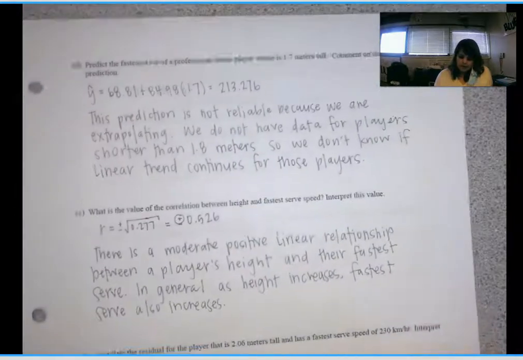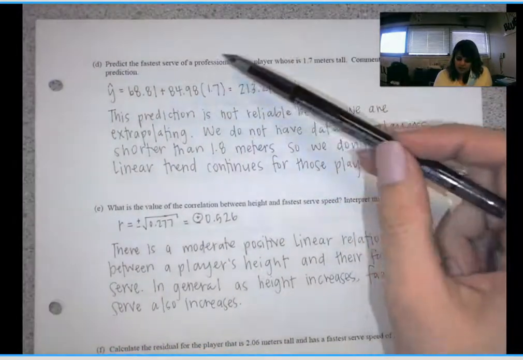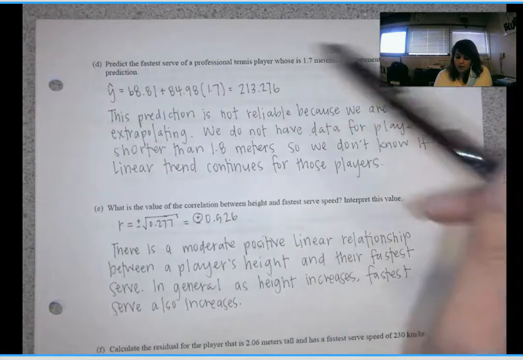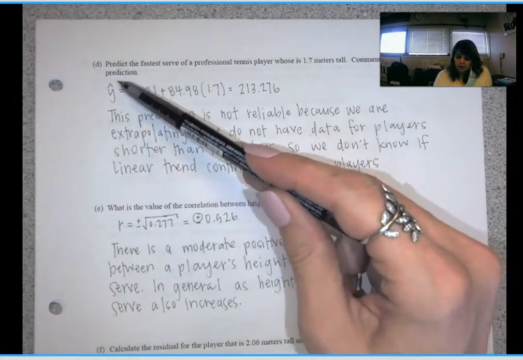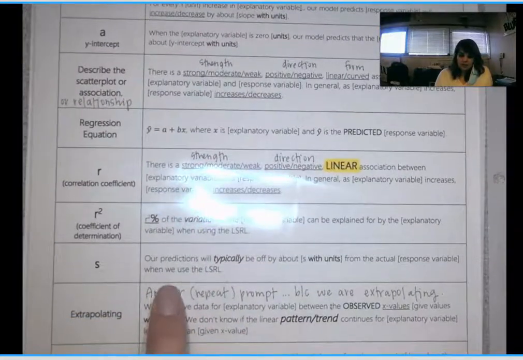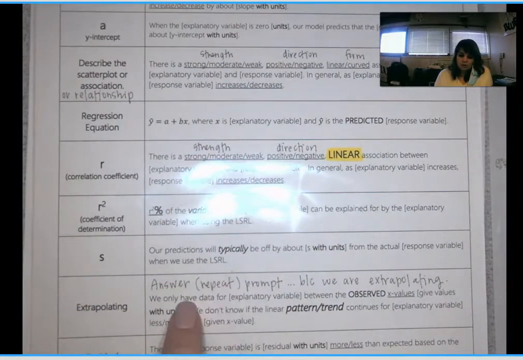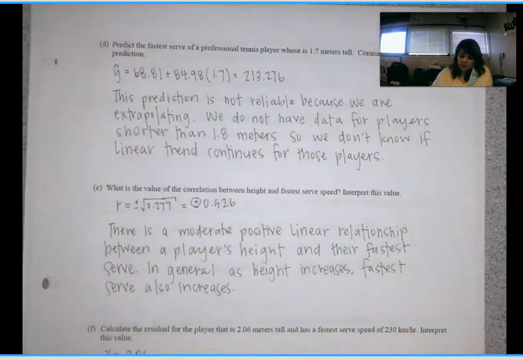Same data. Predict the fastest serve of a professional tennis player who is 1.7 meters tall and comment on the reliability of this prediction. So I'm using this section where we answer or repeat the prompt, and then we can use this phrase to memorize.